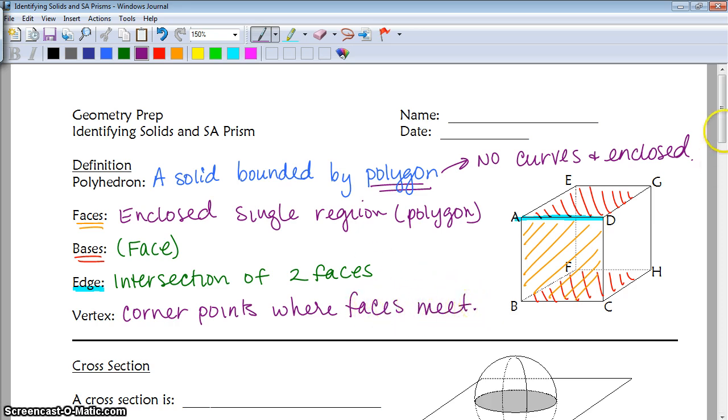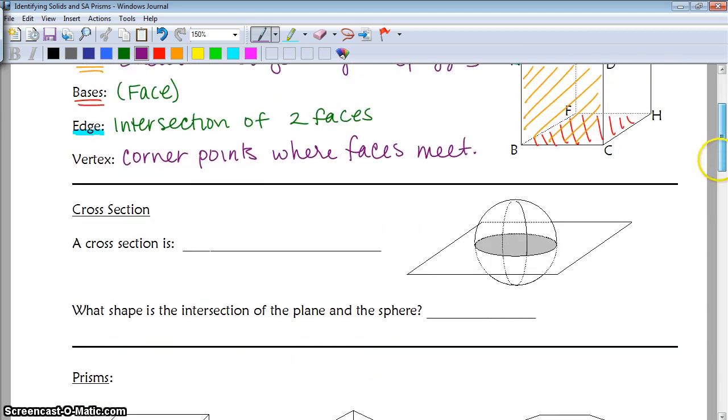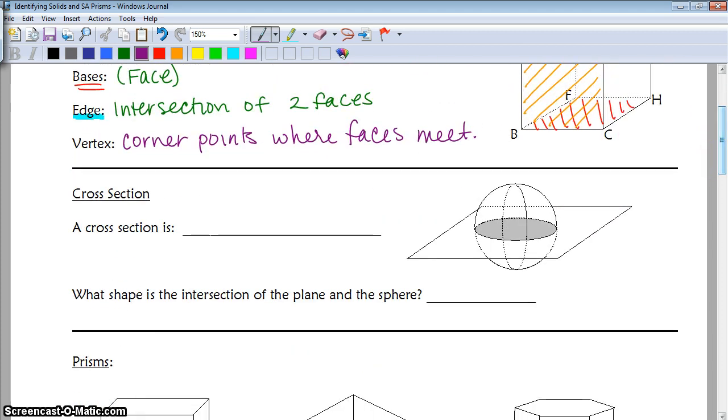Okay, so let's go ahead now and talk about a cross section. A cross section is the intersection of a plane and a solid. So a cross section is the intersection of a plane with a solid. So an example of a cross section is in this picture here.